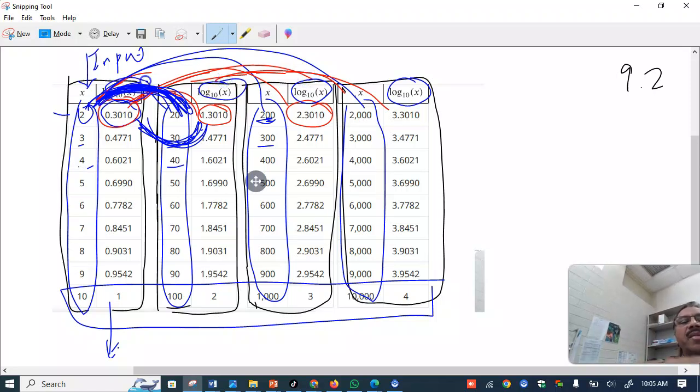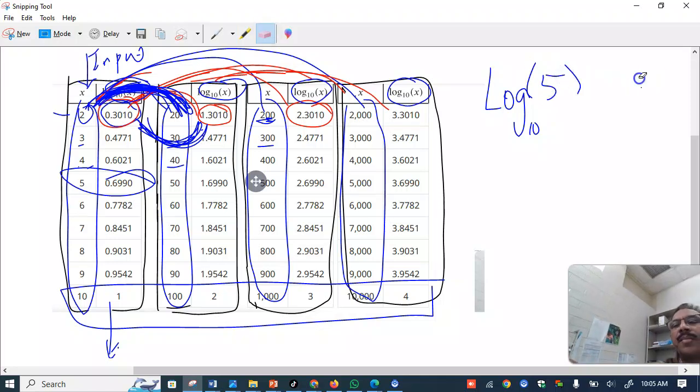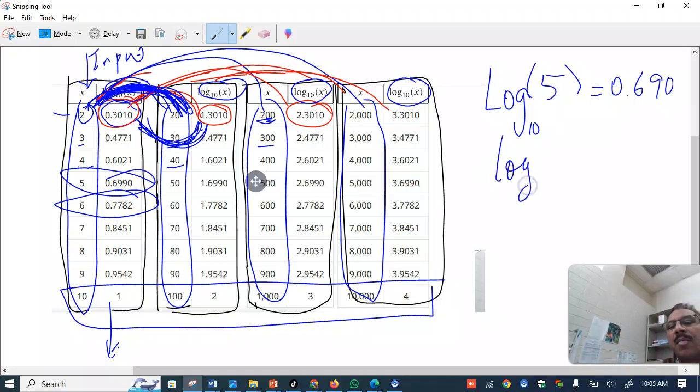So all these four pieces mean every time you're plugging in the log. Let's put this one. It means log to the base 10 of 5 is 0.690, right? If I want to write this, log base 10 of 6 is another fraction.